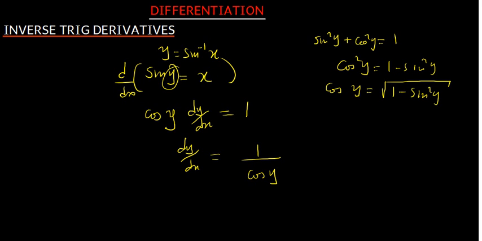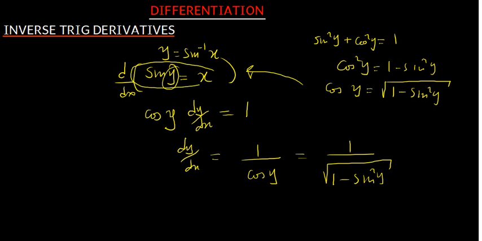Then we are going to go back to what we have at this point. Where there is cos y, we are going to put the square root of 1 minus sine squared y. Now let's consider sine y. What is sine y giving us?